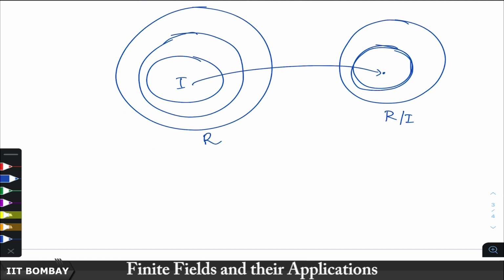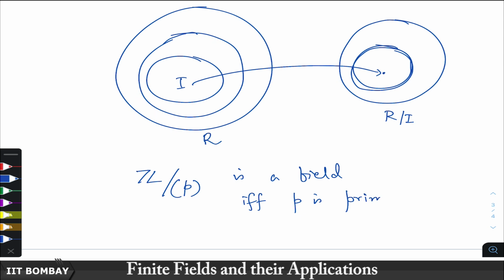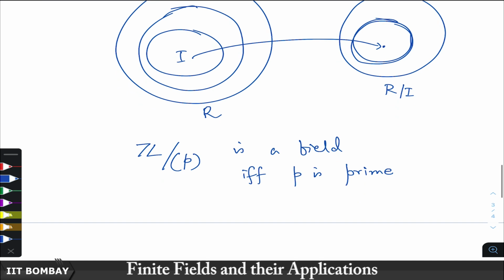So, in particular, we now can see as a special case a fact that we already know, which is that for the integer ring Z, Z by P is a field if and only if P is prime. And we will also see later that the polynomial ring F[x], for any field F, is a PID as well.